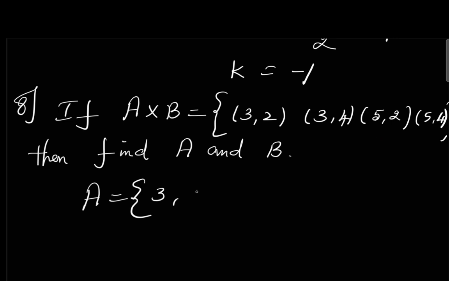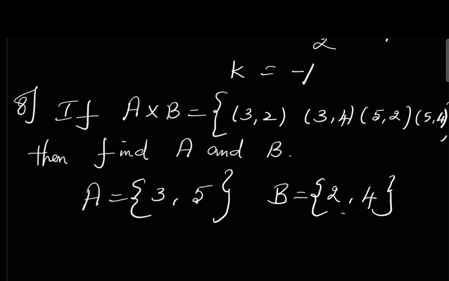Then the first element here is 5. So set A is 3, 5. Collect the elements for the set B, second element 2, and again here the second element 4. That's all. In the other two ordered pairs, the second elements are repeated, so we don't need to write them. So the set A is 3, 5 and set B is 2, 4.